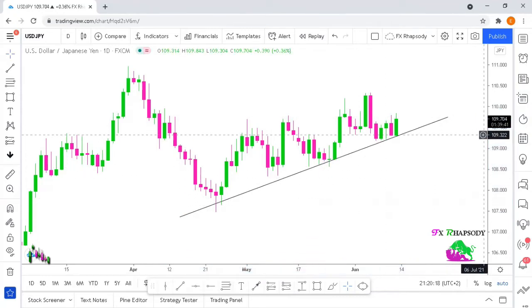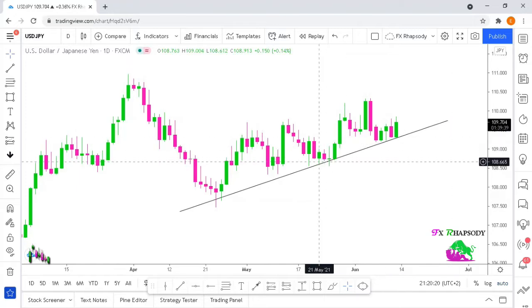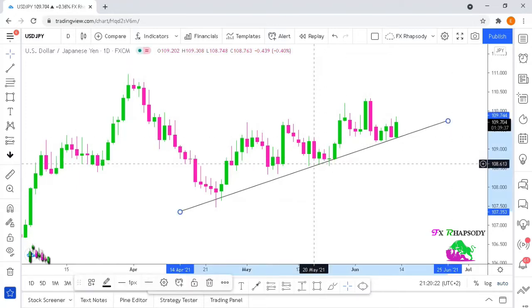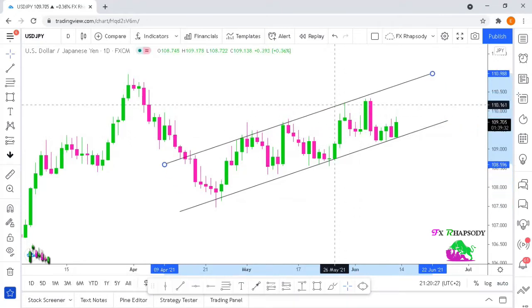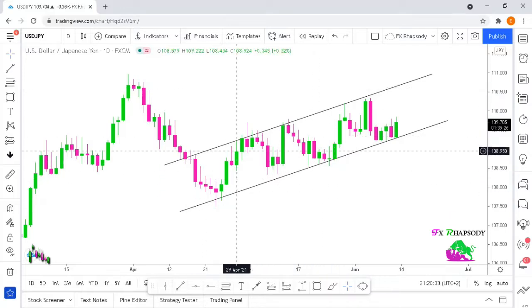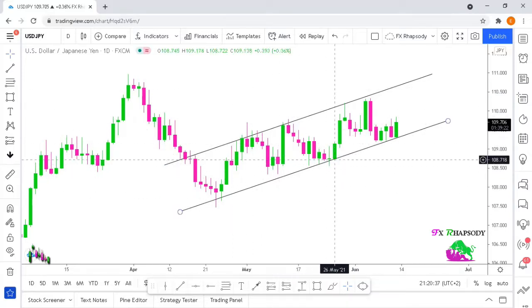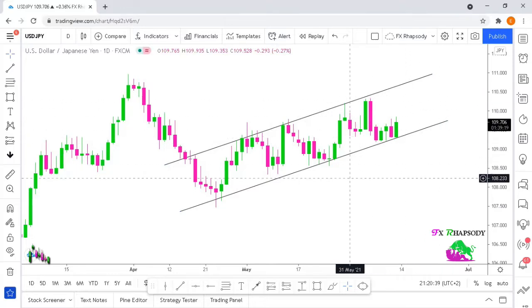There we go. Let's see if we make a little duplicate here, we move it to the upside, and we can see that UJ is in a slight uptrend. It's making its higher highs, higher lows, higher highs, higher lows in this daily time frame. So you can see that it's definitely on its way up.